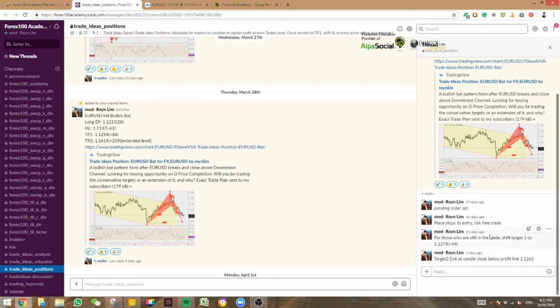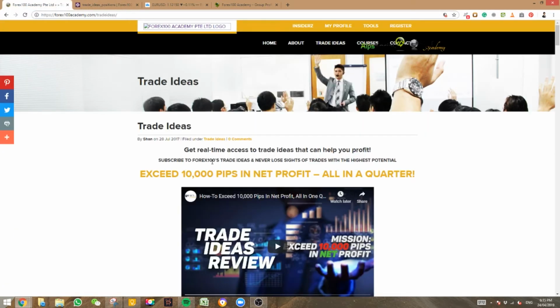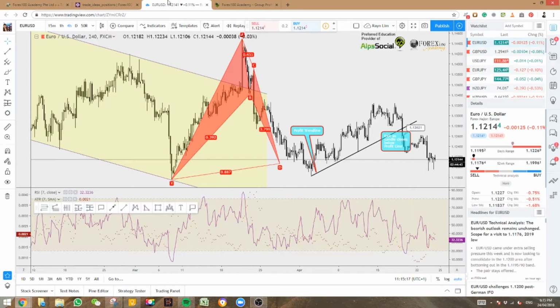Very transparent for our traders. Last year in the first quarter, we actually gained 10,000 pips of net profit by sharing these trade ideas. 1 pip is about 10 USD, just for your information.